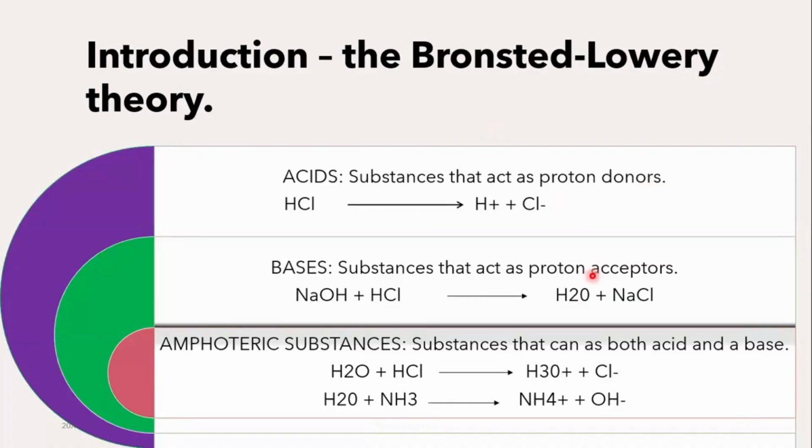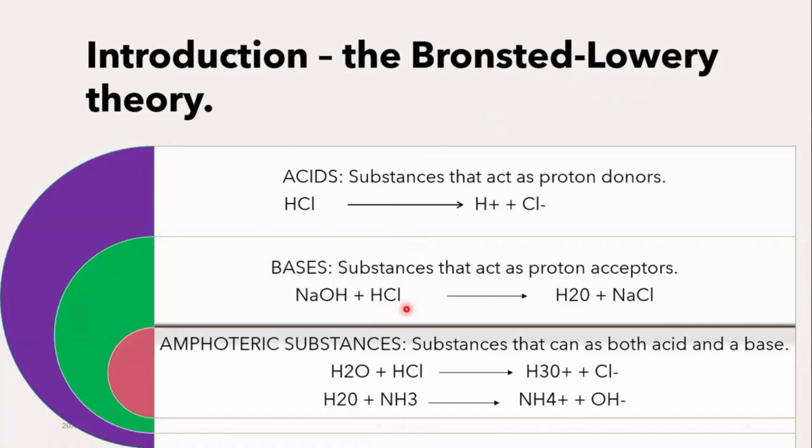For a base or an alkali, we can give different definitions. I can say an alkali is something that produces hydroxide ions, OH minus. But the definition suggested by these chemists was that bases are substances that can act as proton acceptors. So acids are the ones that are producing protons. What are protons? Hydrogen ions. Hydrogen ions are considered to be protons.